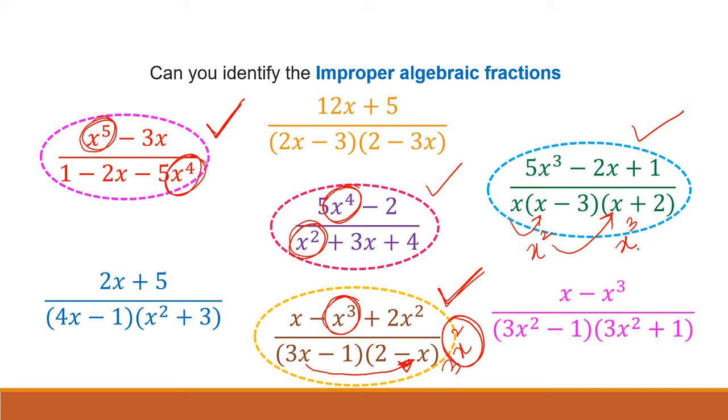So x to the power 3 is the highest power of x you can get by simplifying out this denominator, right? So the highest power of x in the numerator is also 3 and the denominator is also 3. That makes this an improper fraction. Alright. So I hope that's clear. I hope you guessed the answers correctly.